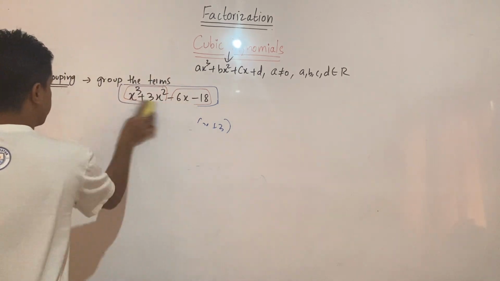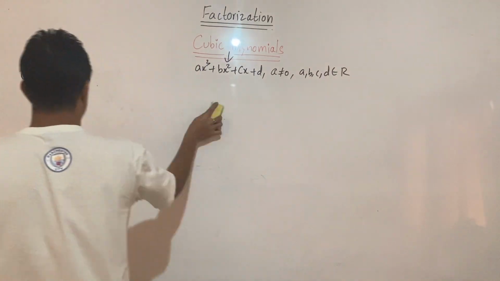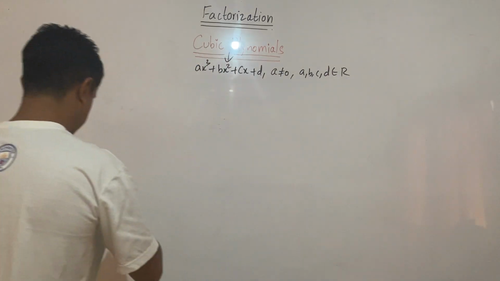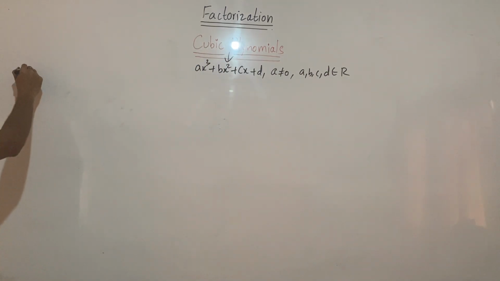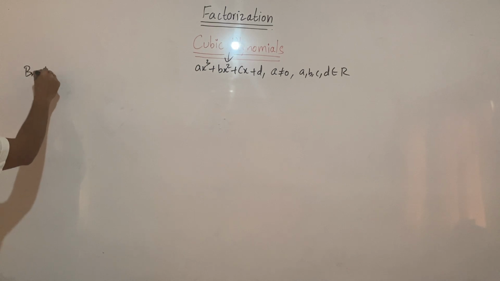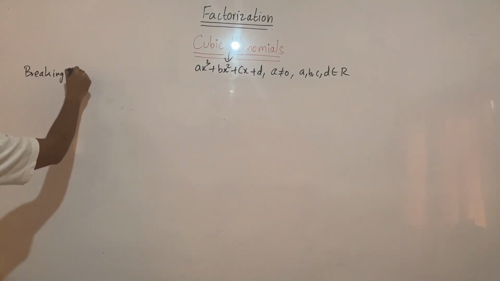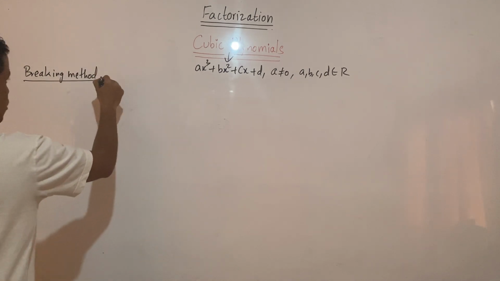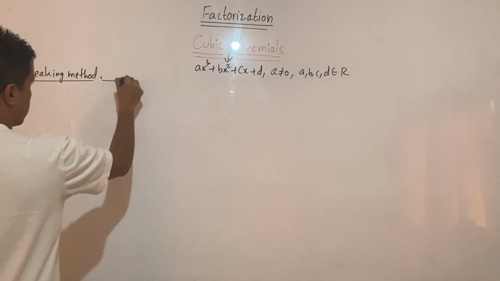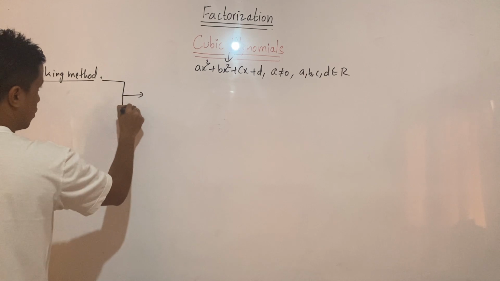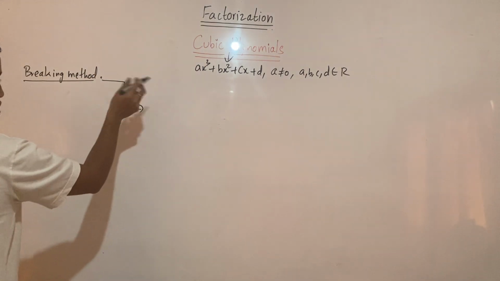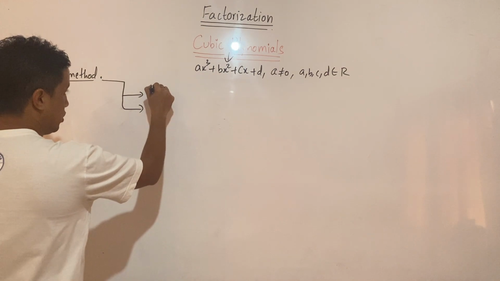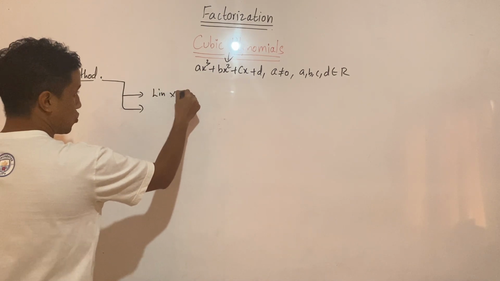The next method is the breaking method. Now see here, what do we do in the breaking method? A cubic polynomial expression we can break into linear and quadratic.